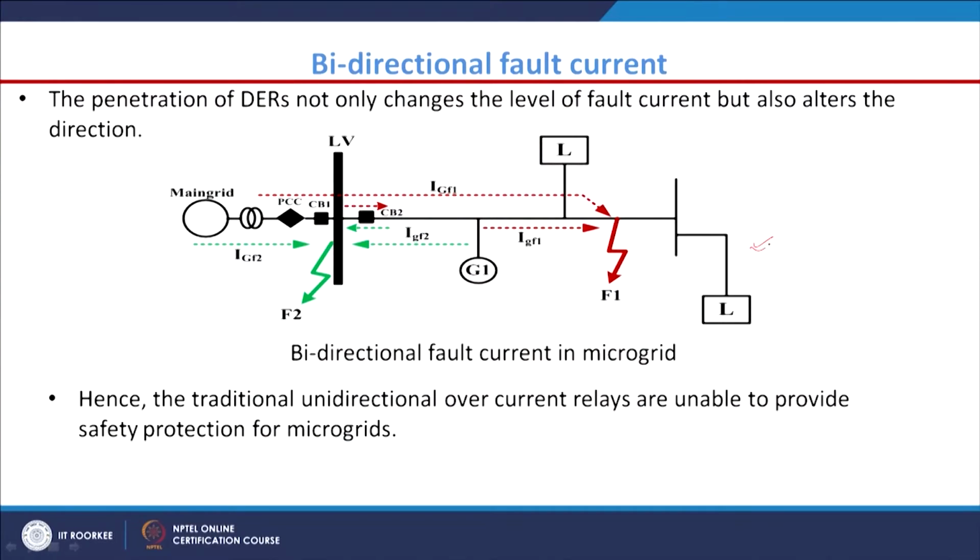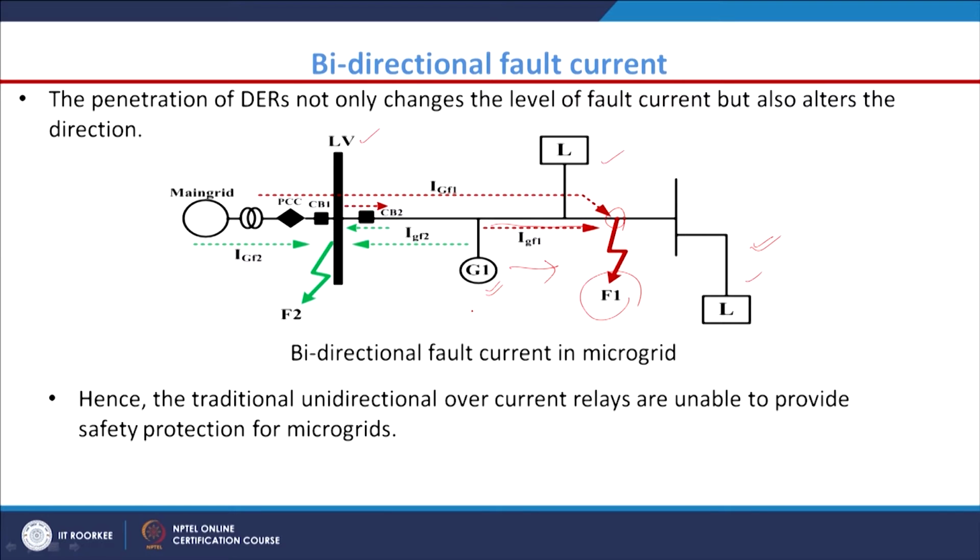Now, we have another concern, that is the bidirectional fault current. See this particular picture: here you can see this is a low voltage bus, and here we have this DG, and here we have loads, and this is the fault point. If this fault is F1, I will designate the fault current contributed by this DG in the left to right direction.